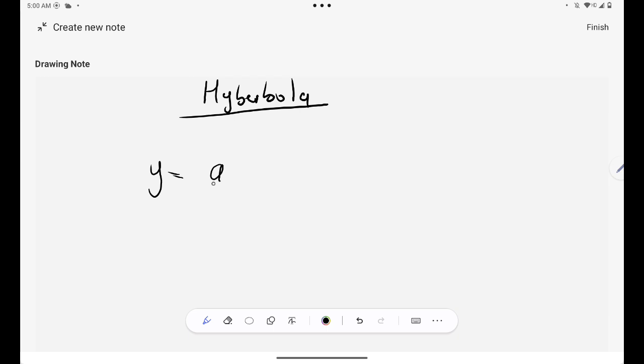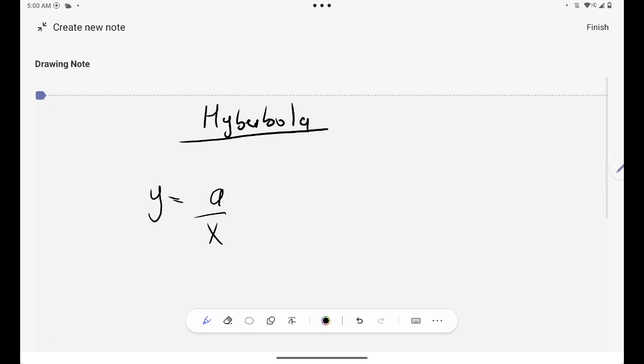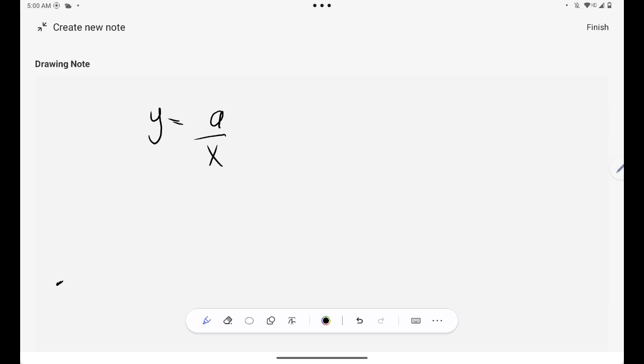Y is equal to a over x. Right, together. Please remember that a graph is just a joint line consisting of points, and each point consists of x and y. So whatever graph you have, its equation must consist of x and y.